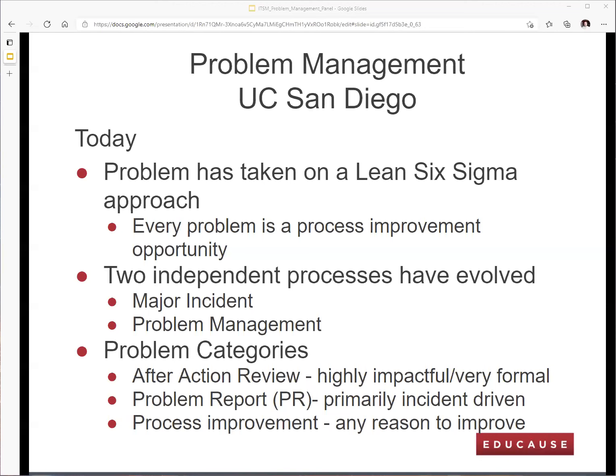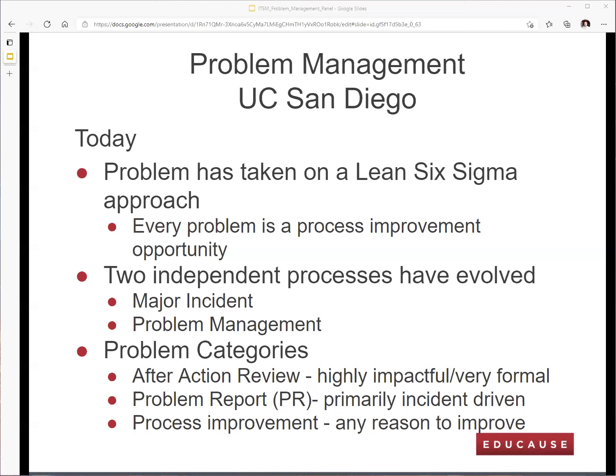Problem reports are driven by incidents primarily. That's where they come from. They could be a major incident, or they could just be a pattern of incidents that you want to address. They're about things that keep popping up.